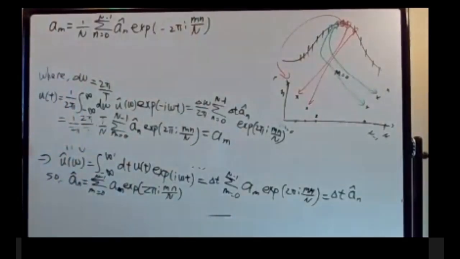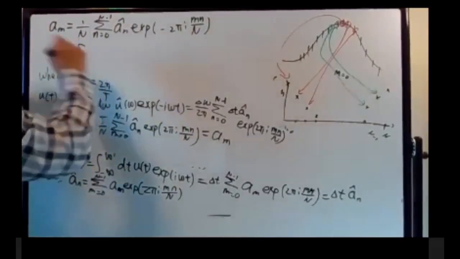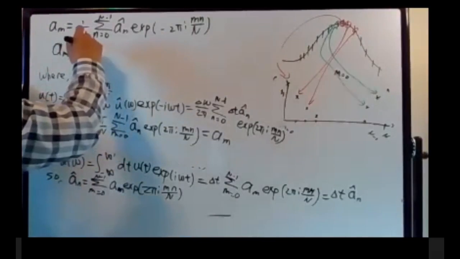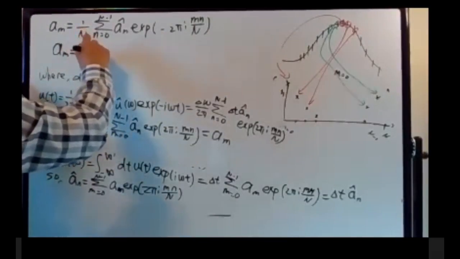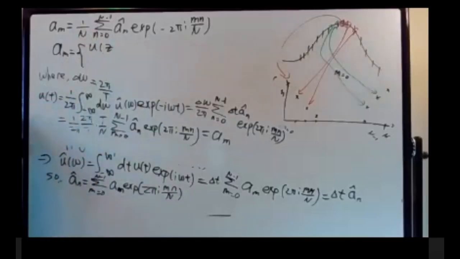What is a_m? It is a curly bracket. Then we have u, not z. I shouldn't include the z here.